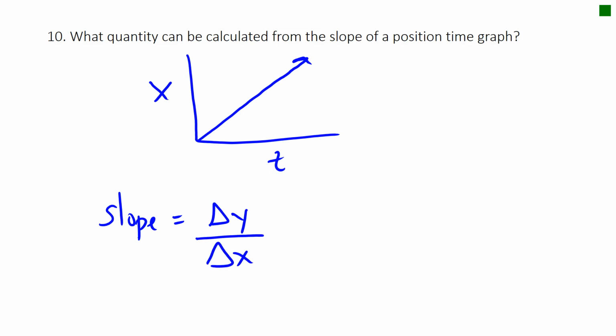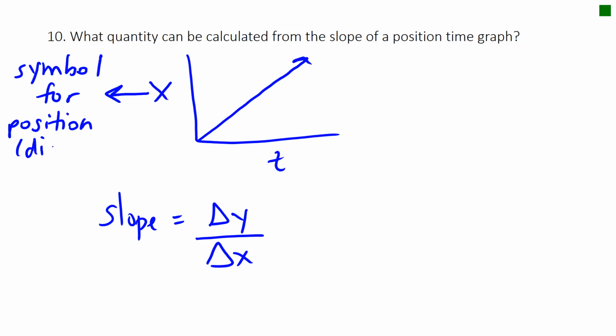Now I realize that this x over here can be a little confusing, but remember that this x is not representing the x-axis. This is the symbol for position, which is the same as displacement. Okay, so in this case, this x is not representing the axis, it's representing the symbol of the variable position or displacement.